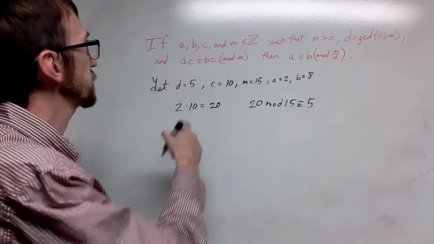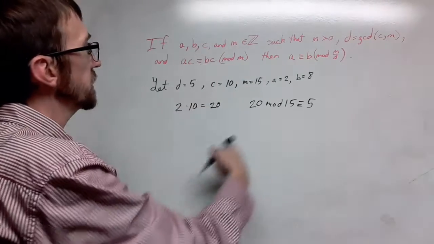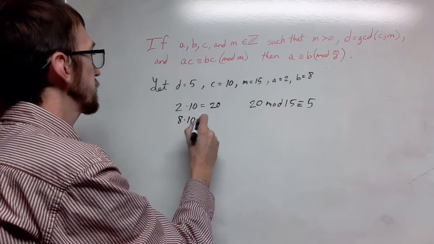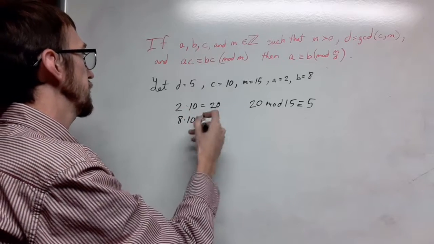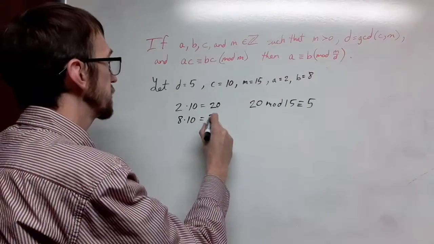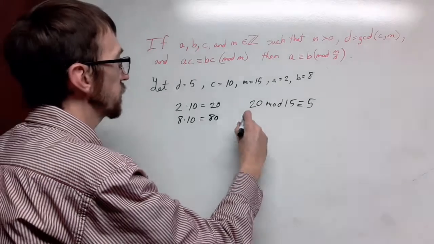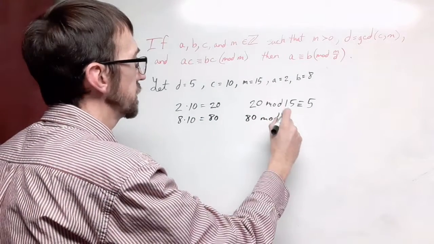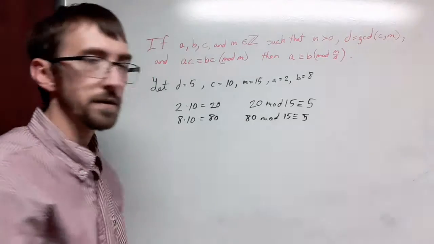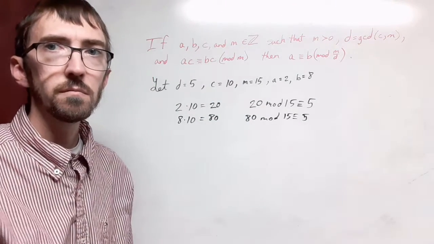Now I want to check the next one. I want b times c. B, I've let be 8 in this instance. 10 again is c. And so 8 times 10 is 80. So we want to look at 80 mod 15. And hopefully we will find that that is also 5.